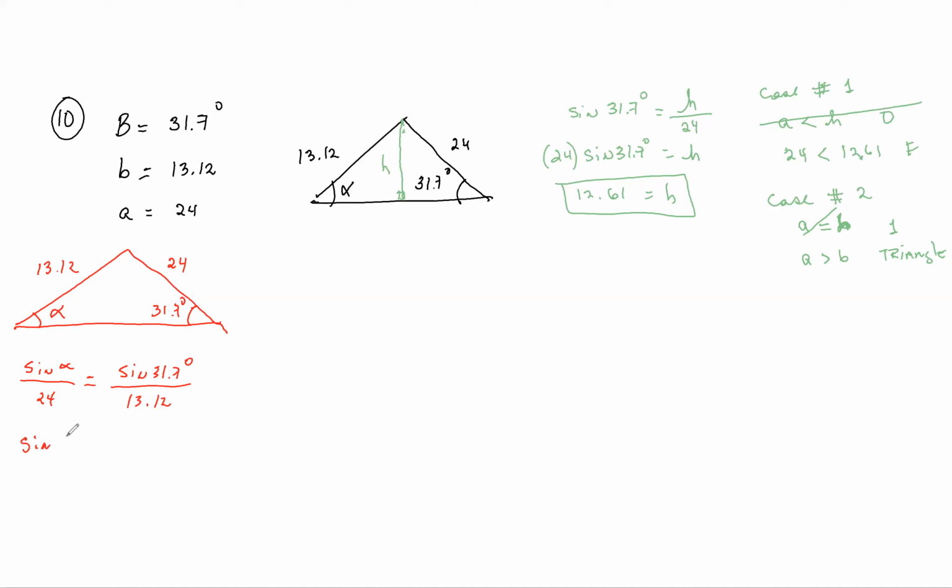Sine of the angle will be the multiplication of these two divided by 13.12. Now sine of the angle will be, according to my calculator, 0.96.